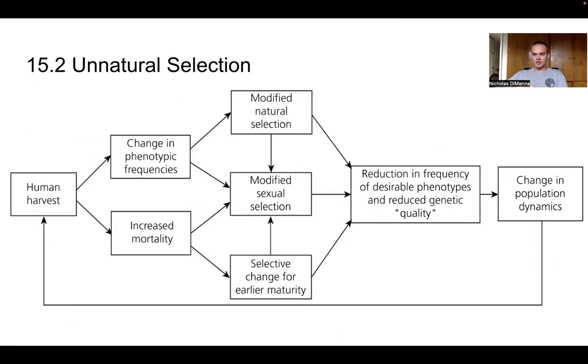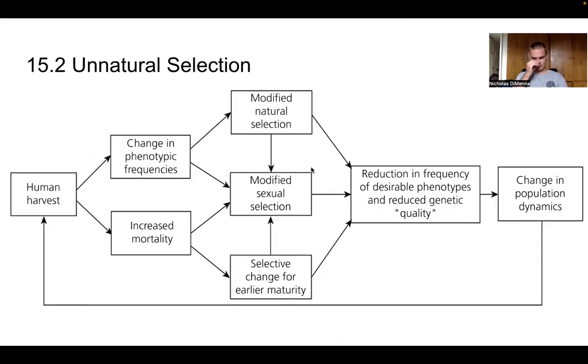This is a little flow chart that was included in the textbook that kind of sums up what we've talked about so far. Starting with human harvest, obviously we change phenotypic frequencies and mortality. Both of those can be explained by the rock lobster example. Increased mortality because they're smaller, and of course that's a change in phenotypic frequency. Modified natural selection, right? Those small rock lobsters are naturally selected against because they're easy to prey on and they don't produce as many offspring.